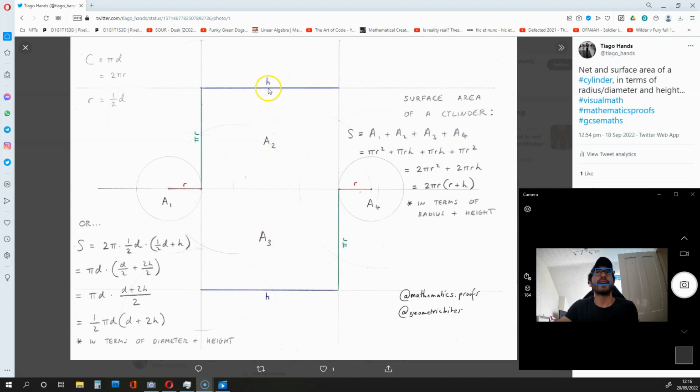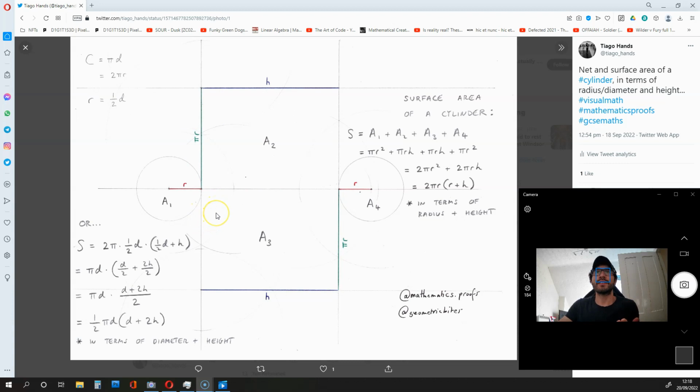Well, a cylinder has a height, and one of its edges, the edge of this rectangle, is going to be the circumference of these circles, and the circumference is 2 pi r. So if we go halfway of the length of this rectangle, we get pi r, because two of these will add up to 2 pi r.